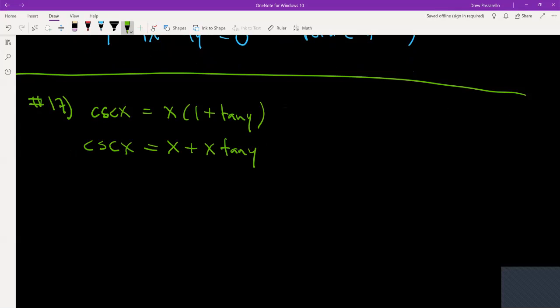And now I worry about differentiating. Recall the first thing I need to do is to take the derivative of both sides with respect to x. So it'd be d dx of cosecant x and then d dx of x plus x tangent y.